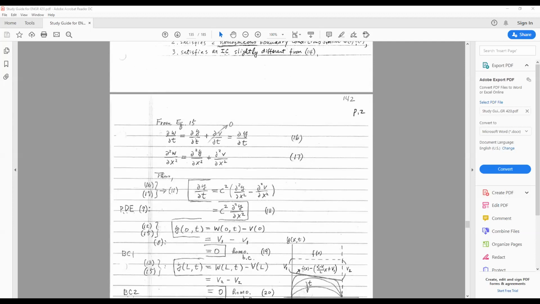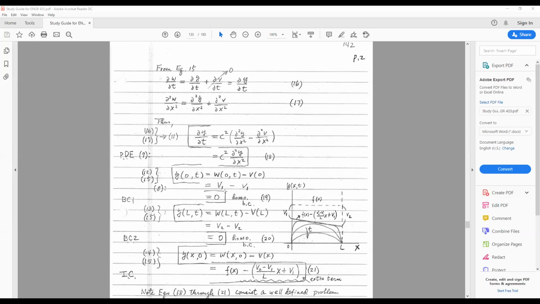We postulate this, and indeed, when I put it into the PDE, I got this portion, and so the differential equation doesn't change, remember, the same. The boundary condition remains a homogeneous boundary condition. It becomes 0 for Y at the two ends. Very, very interesting.